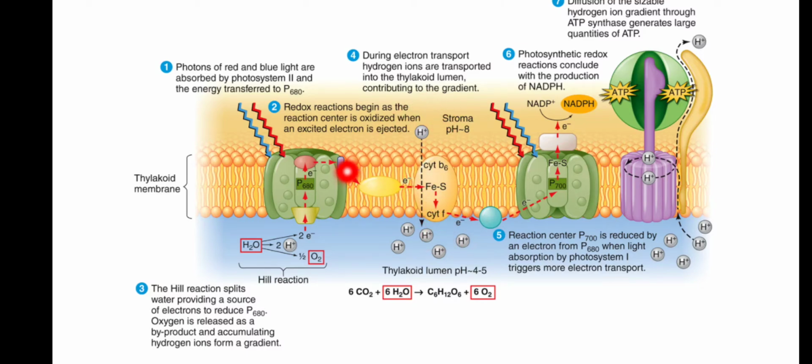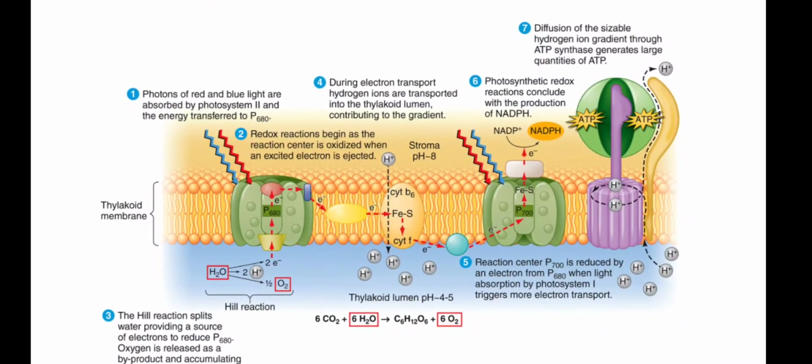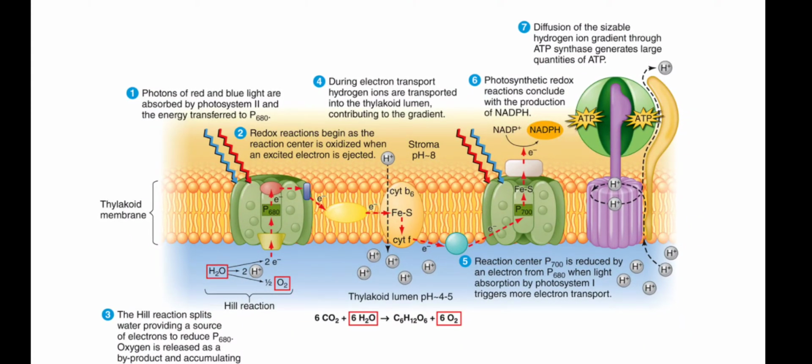And because of this proton gradient, you have an ATPase. Just like in the electron transport chain, you have your ATPase, sometimes called ATP synthase, that is used to generate a large amount of ATP from the proton gradient.